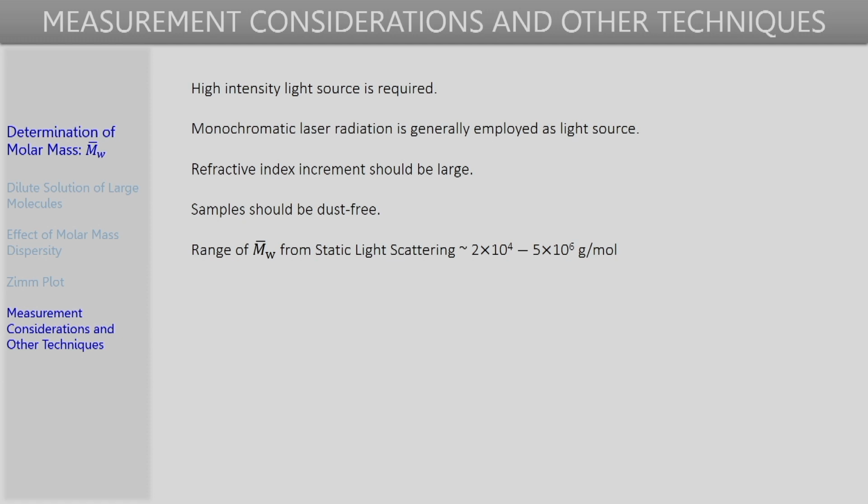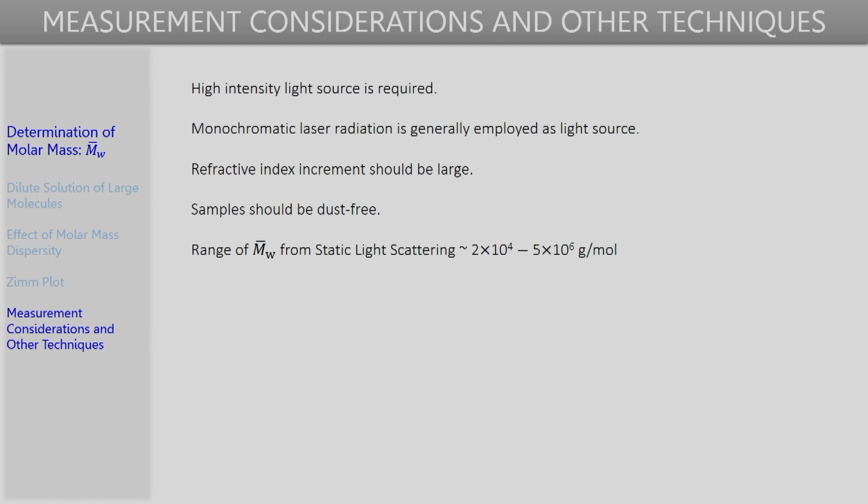If the molar mass of the polymer is too small, then the corresponding scattered light intensity produced might not be enough to be accurately detected, and also the refractive index increment dn/dc might not be sufficient for very accurate measurements if the polymer molar mass is smaller than, let us say, 20,000.